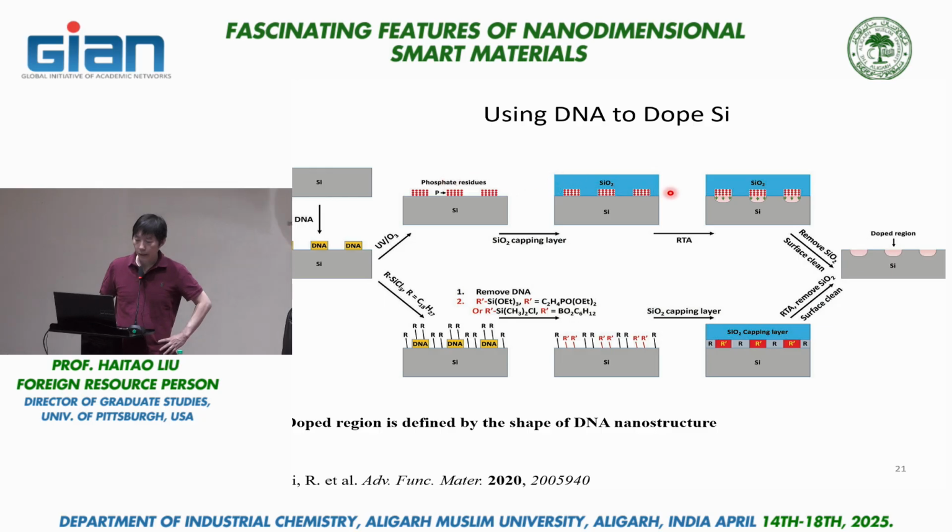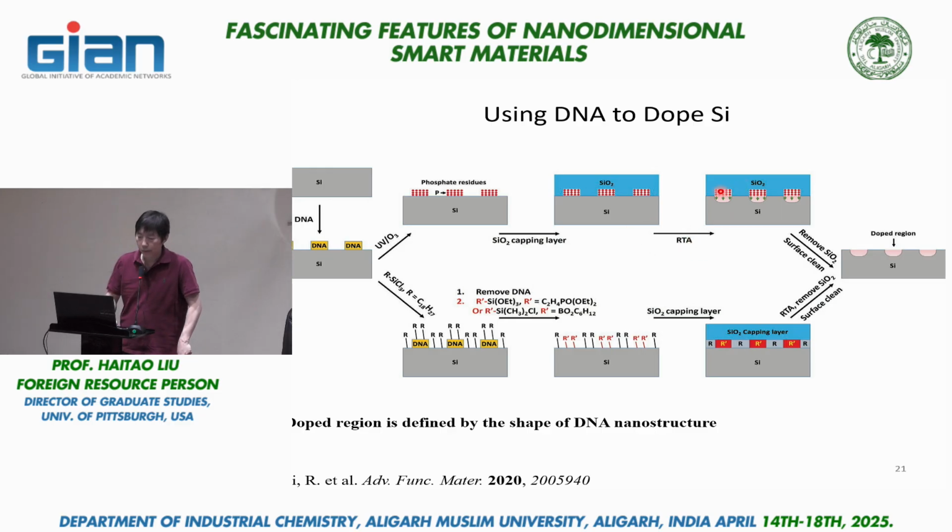We coat it with a layer of silicon oxide, and the intention here is to limit the lateral diffusion of the phosphates. And then we heat it to high temperature using a process called rapid thermal annealing, RTA.